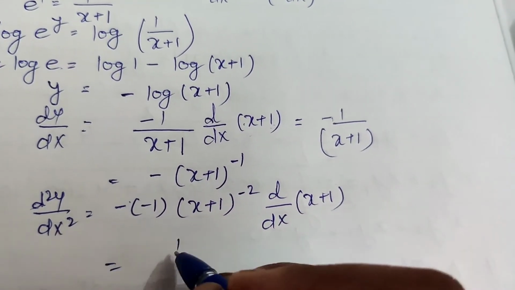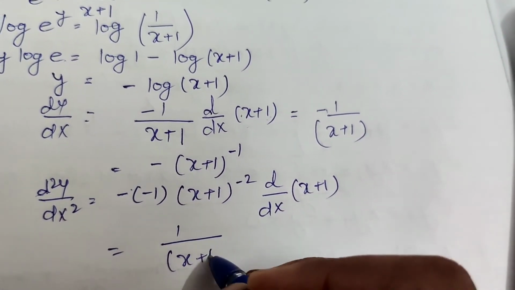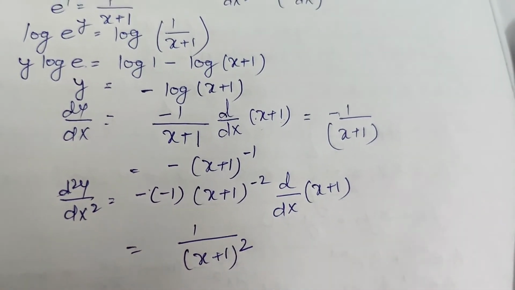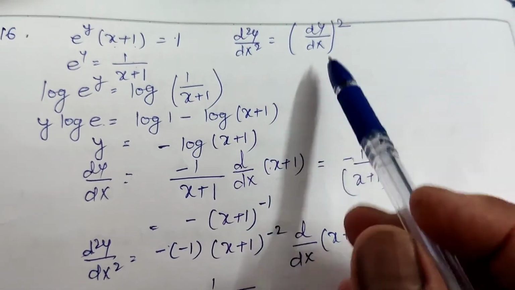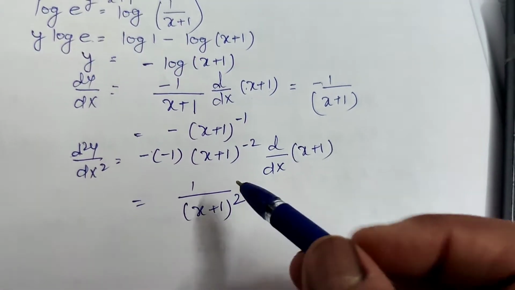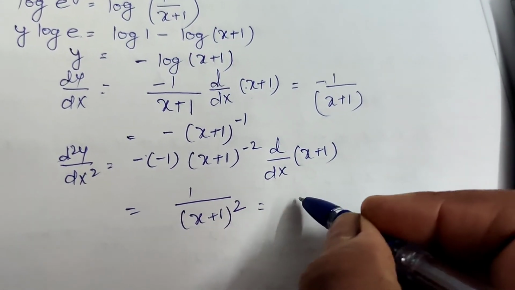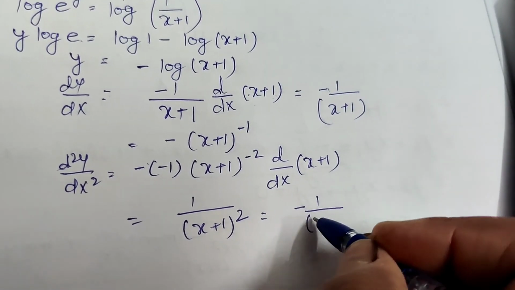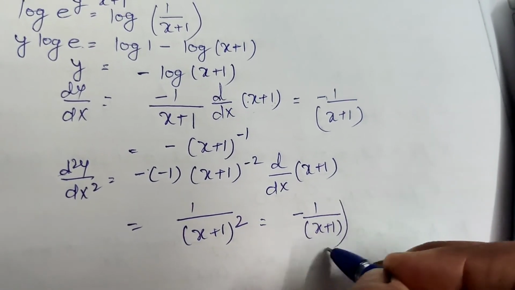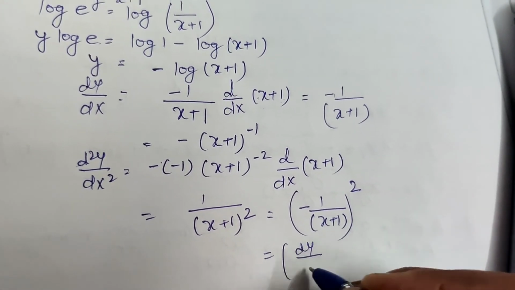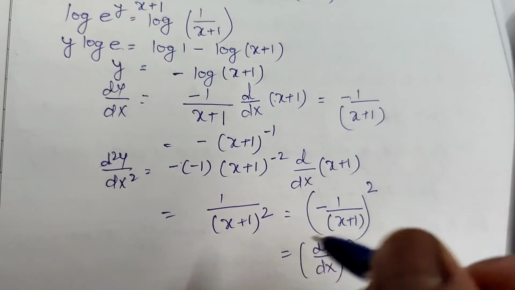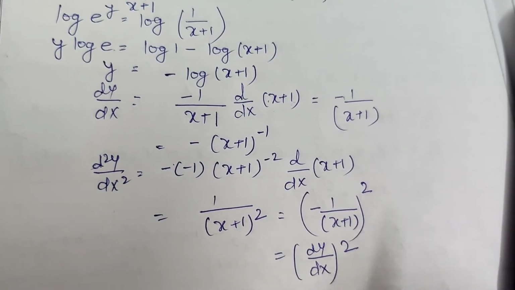It means 1 upon x plus 1 whole square, which is equal to dy over dx whole square. So d2y over dx square equal to dy over dx whole square.